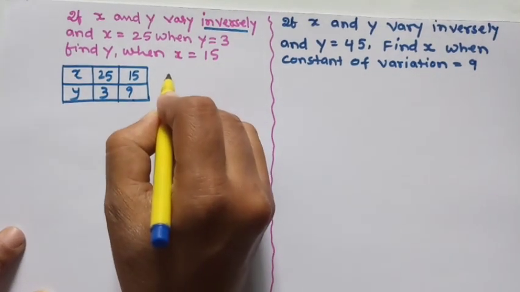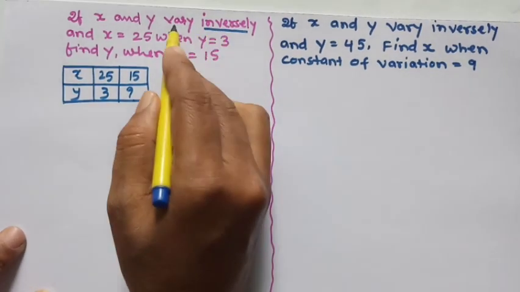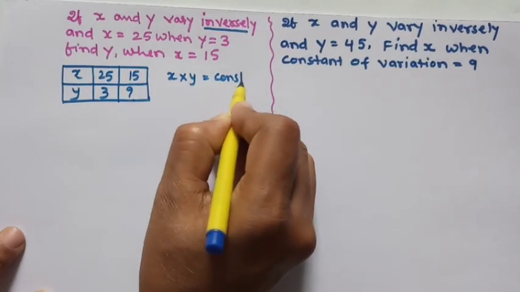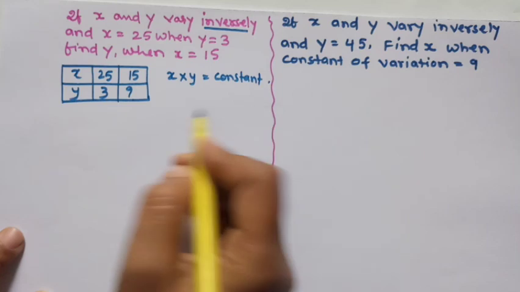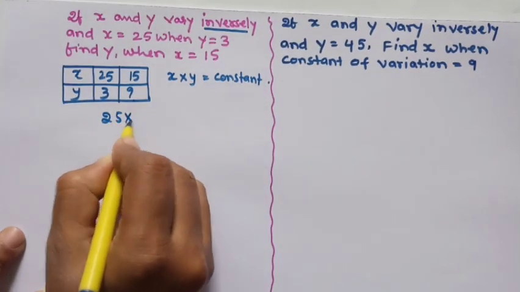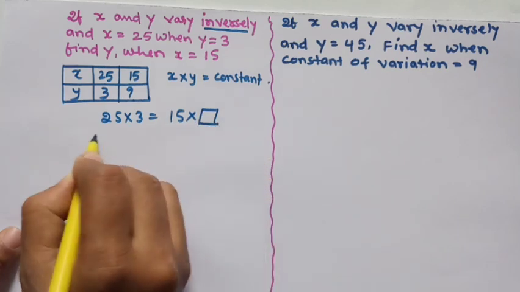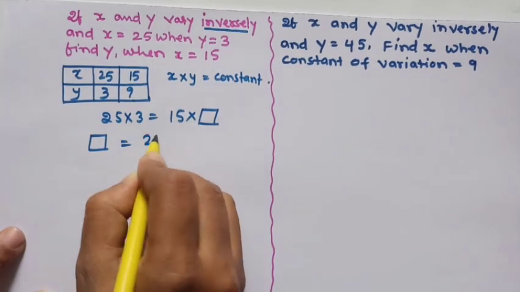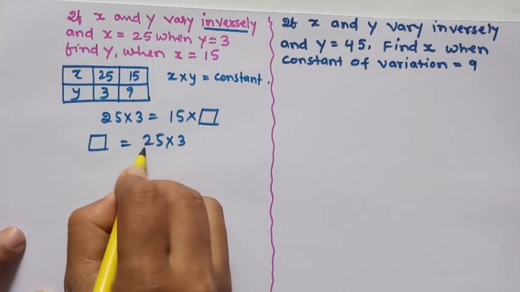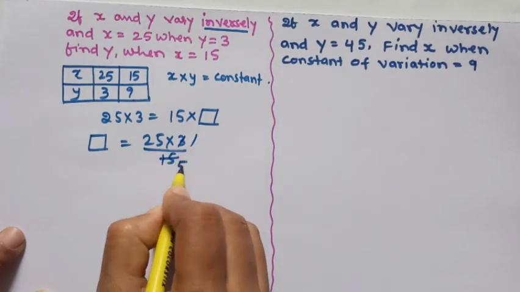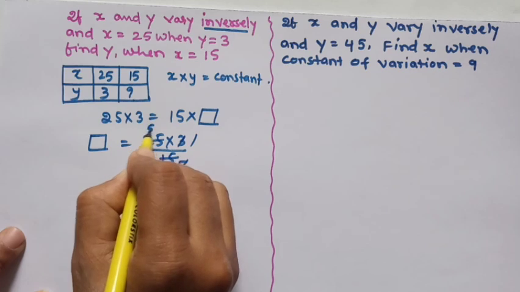Since x and y are varying inversely, we know that x into y is constant. So what shall we say here? 25 into 3 must be equal to 15 into your unknown number. So your unknown number will be 25 into 3 by 15. 3 fives are 15 and 5 threes are 15.